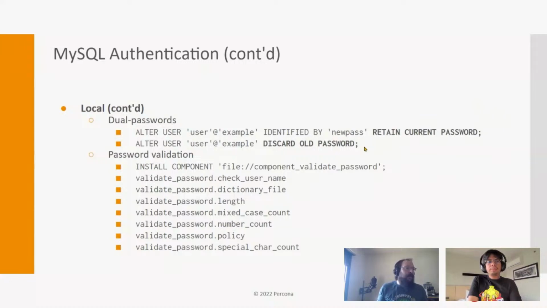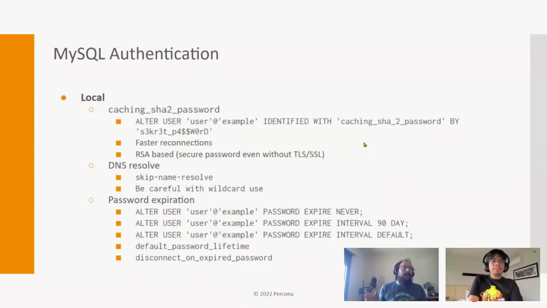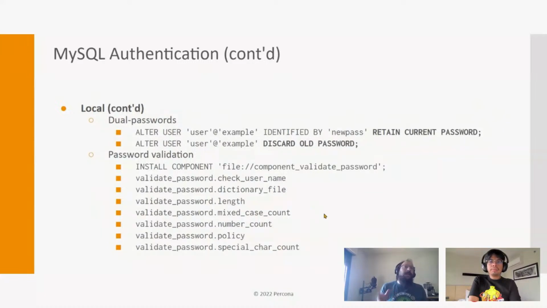And it helps precisely with enforcing rotation of the passwords without making it such a pain in the neck for application owners. So, if you're enforcing password expiry, please be mindful and also find a way to use dual passwords so people can more easily rotate their passwords.